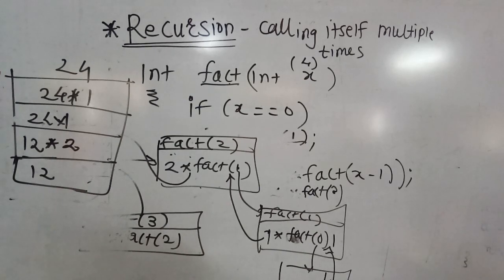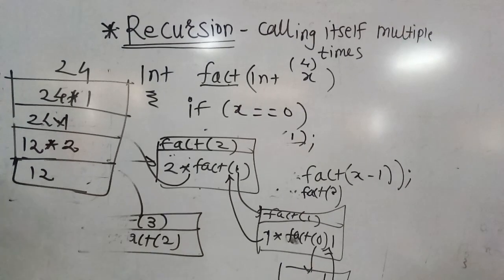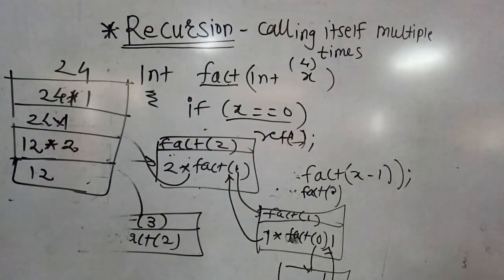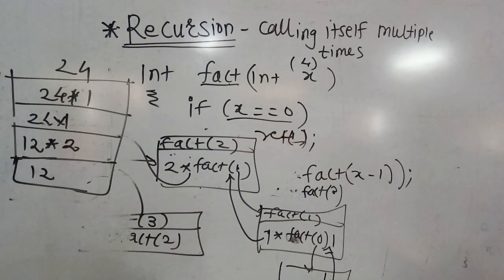There are some rules related to the stack. There must be a terminating condition to stop the recursion, like if x equals 0 then return 1, meaning we terminate at some point and do not continue in an infinite loop.